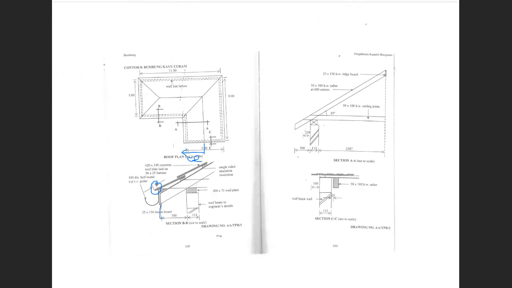Projected means you have to consider the thickness of the fascia board plus the 50 mm projection. This is clearly stated in every single item that you can go through after this. So please go through this one by one.